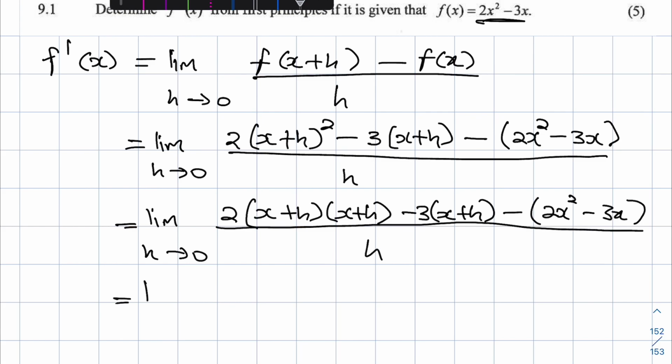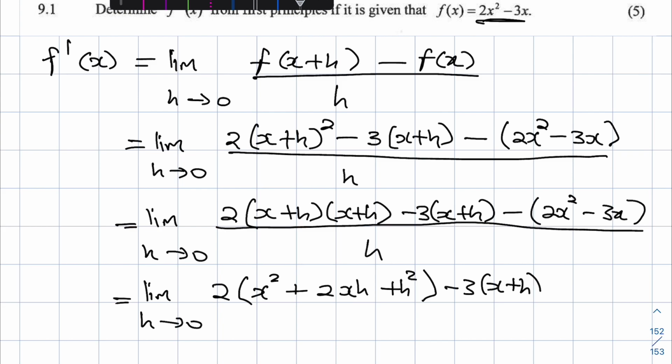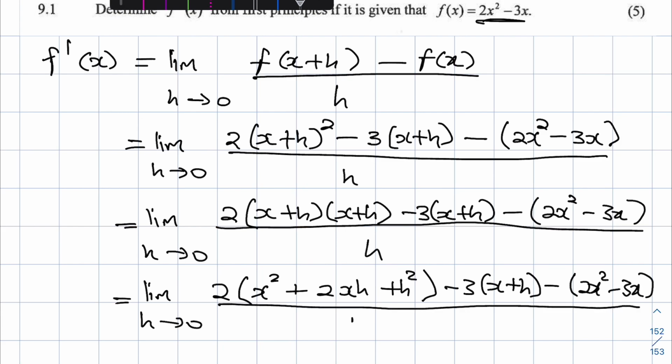Then we continue the limit as h approaches 0, 2 into, when you multiply this thing out, we should get x squared plus 2xh plus h squared, and then let's leave that as it is, 3x plus h minus 2x squared minus 3x all over the h.